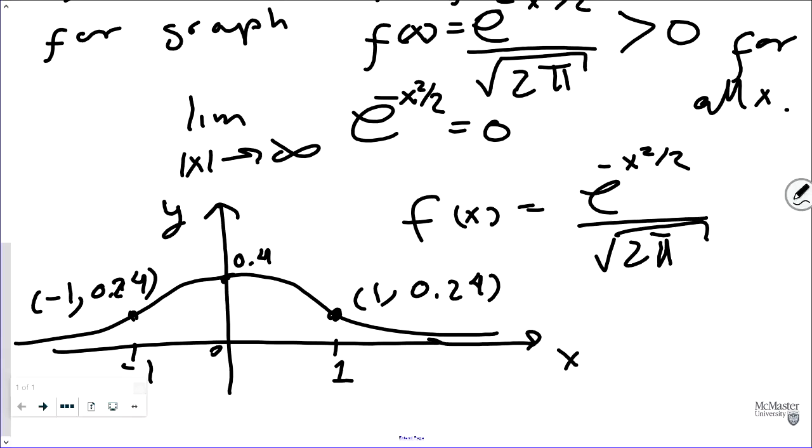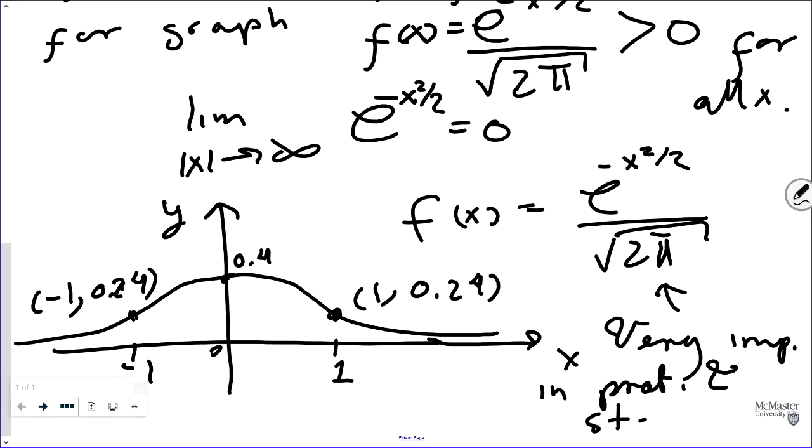So this function is very important in probability and statistics.